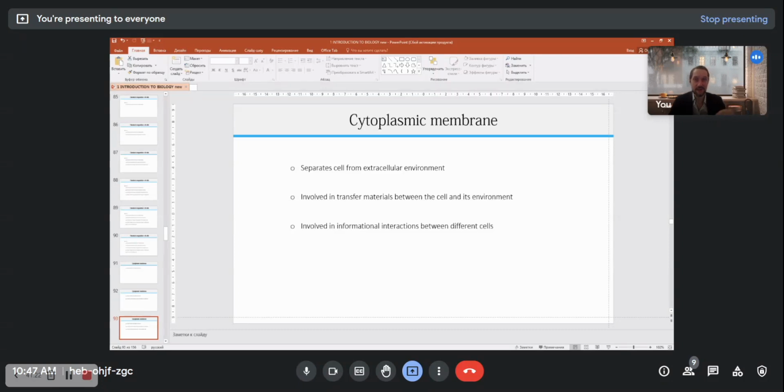This signal is released from the cell, transported through extracellular space, and reaches another cell, and then it has to be sensed by a specialized structure on the cell membrane of that cell.